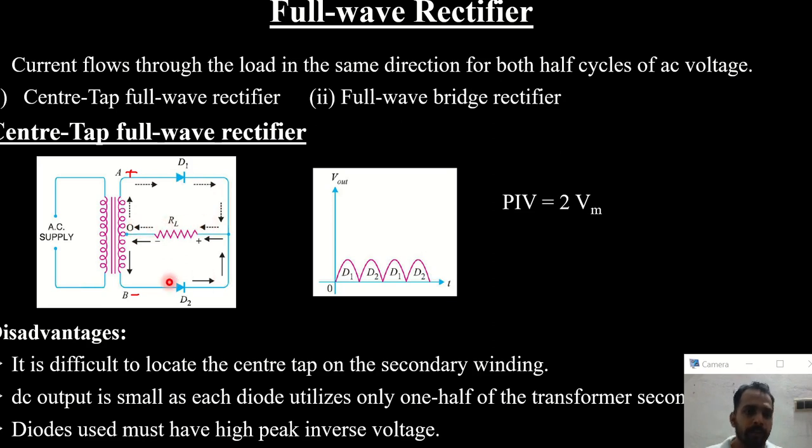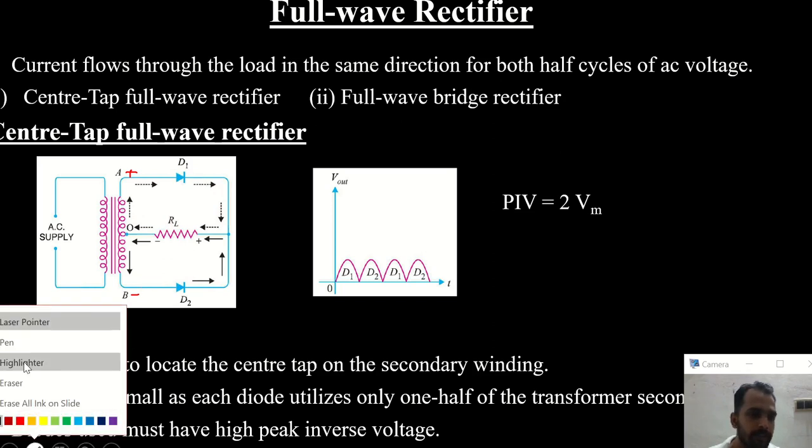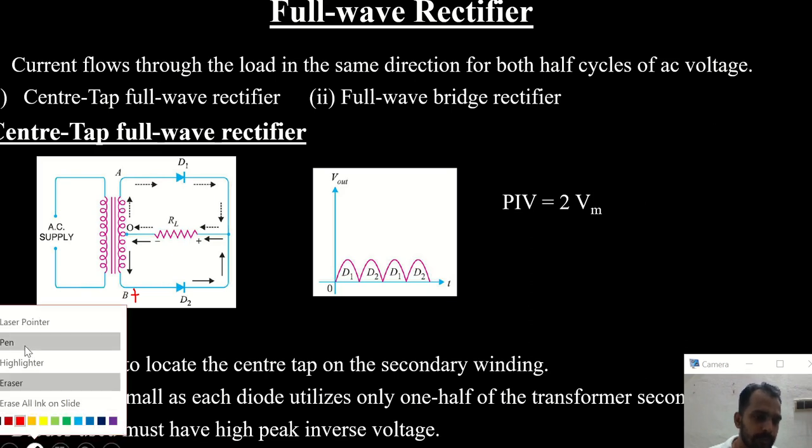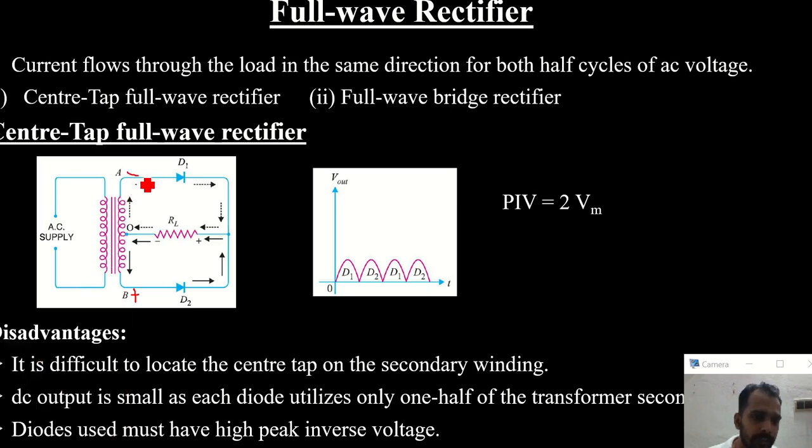Now during the negative half cycle, this end becomes positive and this end becomes negative, that is end B is positive and end A is negative.